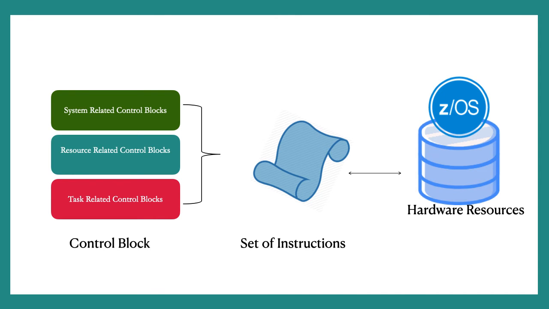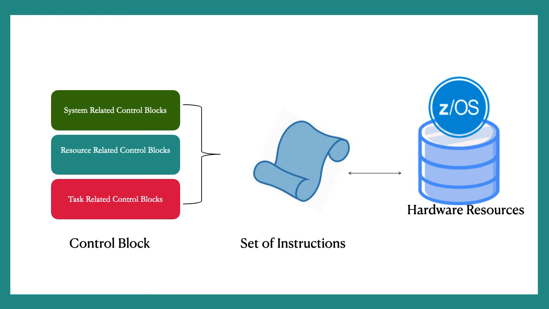And z/OS has control blocks. A control block serves as a vehicle for communication throughout z/OS. Such communication is possible because the structure of the control block is known to the program that uses it, and this program can find needed information about the unit of work or resources.